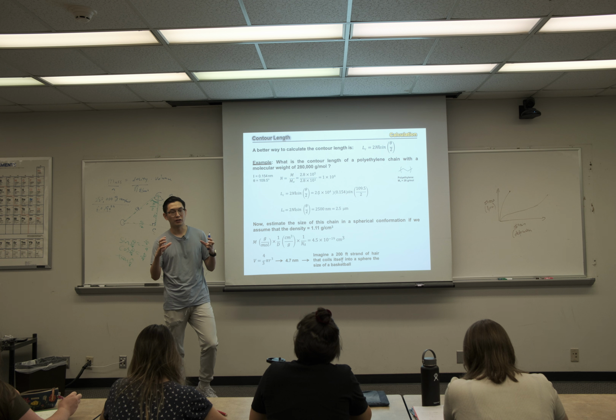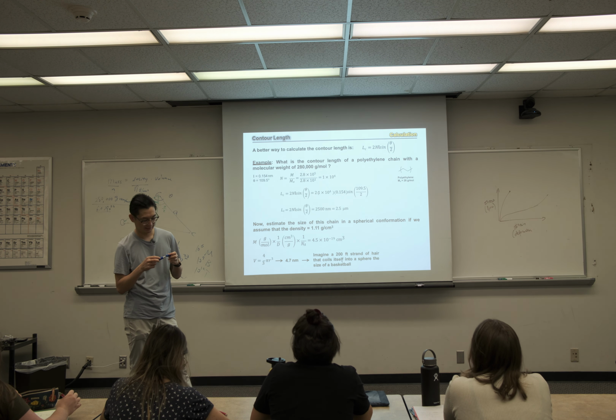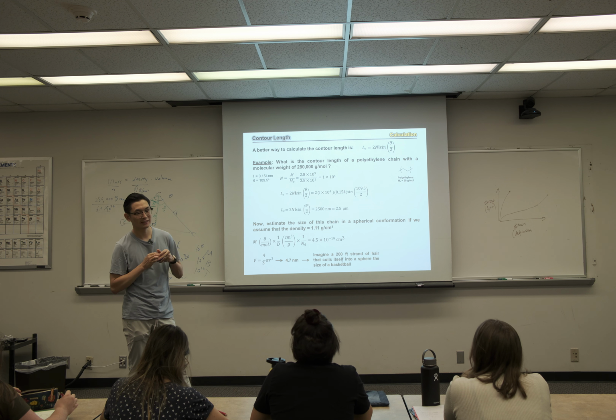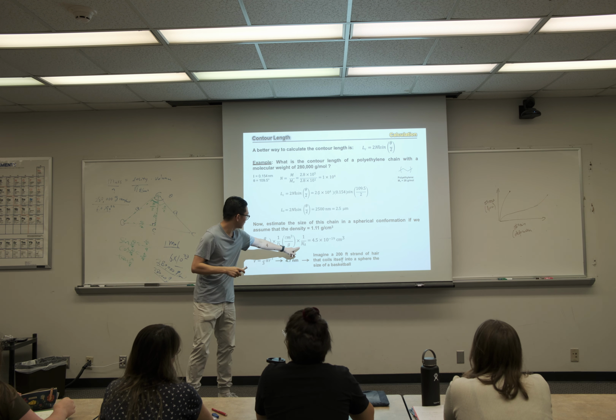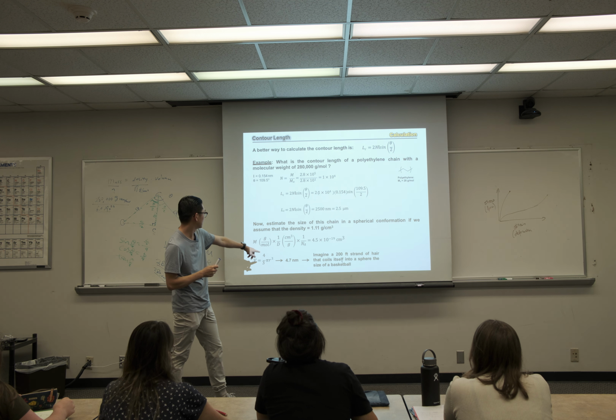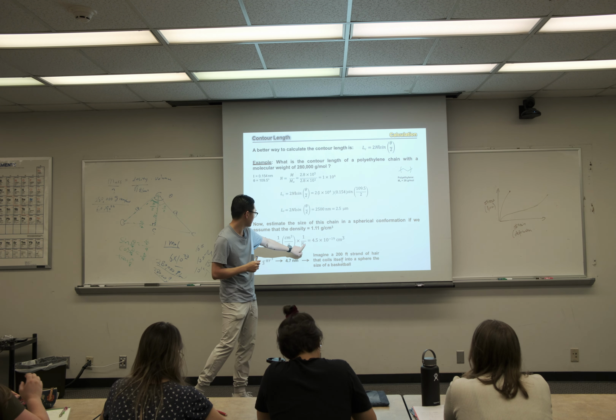Okay, so Joseph, question. If you're trying to cancel out the moles and end up with cubic centimeters, why is Avogadro's number in the denominator in that equation? Because, let me think. Good question, I haven't thought hard about this.